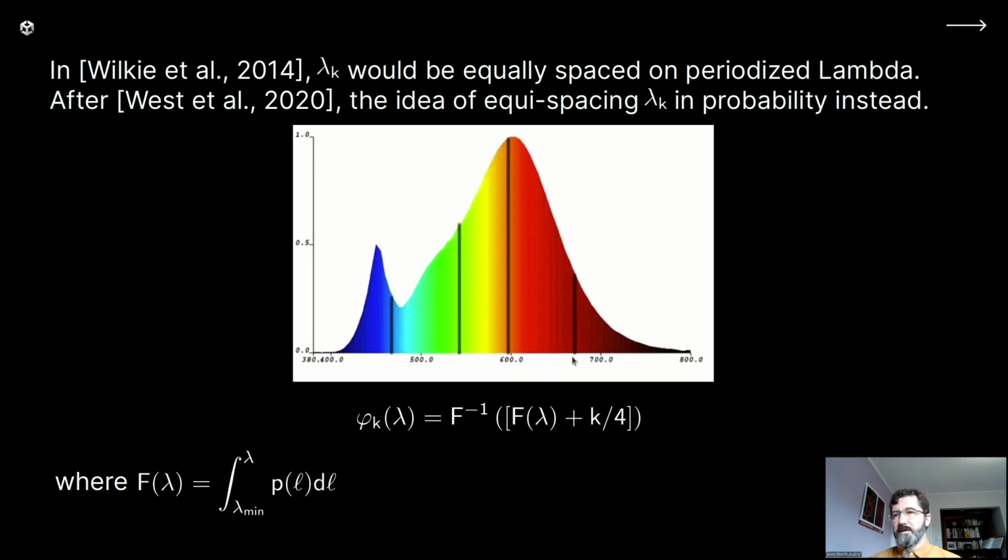Another possibility is to spread the wavelengths so that the probability between them, which in this illustration would be the area under the curves between two of those black lines, is constant and equal to 1/4. And the formula for this is to use this shift function, which is defined using the cumulative distribution function associated to this PDF P. Like I was saying, that's a natural idea, and it has come up independently in several places.